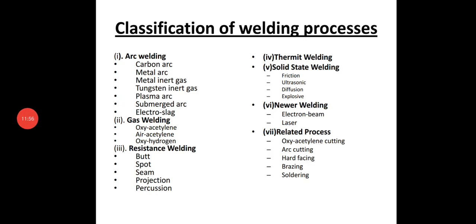So coming to the classification of welding processes, based on the arc, gas, and other methods you are utilizing for generating heat, or the type of welding process. Generally you can classify them as arc welding, gas welding, resistance, thermit or chemical, solid state, and the new methods in welding where you are utilizing electron beams and laser guns.